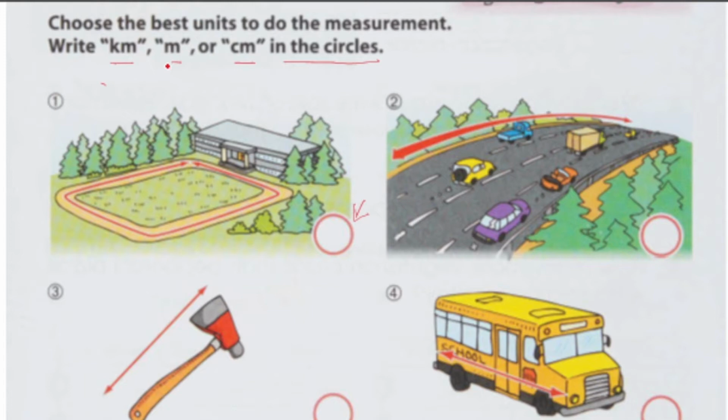The correct unit for measuring this kind of area is meter. So M will be inserted in this circle. And this is a scene of a road. A road can be measured in kilometers. Therefore, we will use km in this circle.